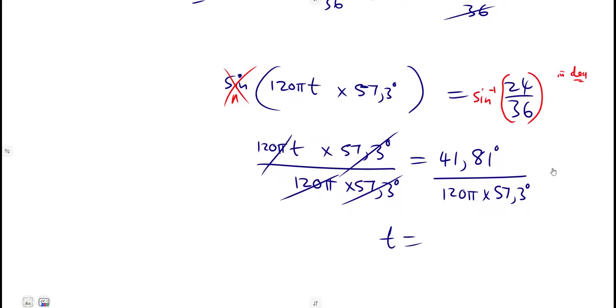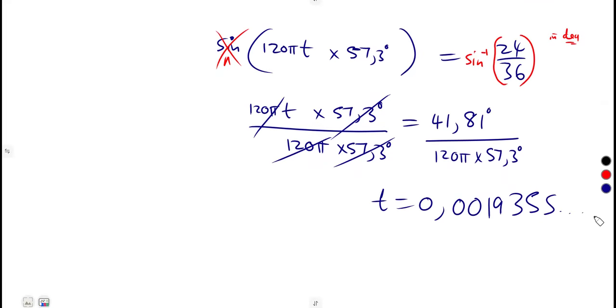That was going to give you the time of something like 0.00193555 seconds. So you can convert it to milliseconds. Simply multiply by 10 to the exponent of 3 to write this in milliseconds.